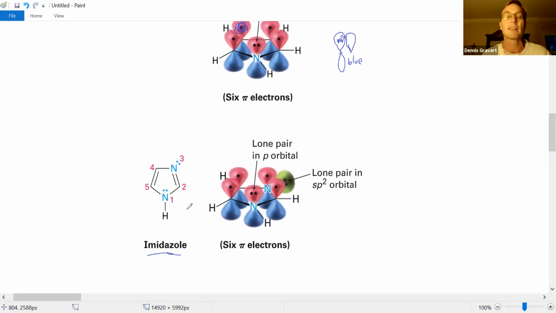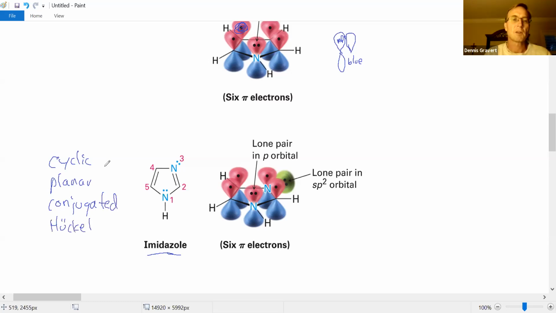Is this aromatic? Well, let's go around the ring and check our criteria. Is it cyclic? Is it planar? Is it conjugated? Does it have a Huckel number? Okay, cyclic. Yeah, it's a ring of 5 atoms. Planar. Well, carbons are all sp2 hybridized. They're all involved in double bonding.